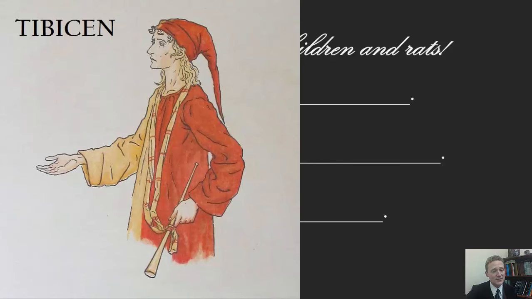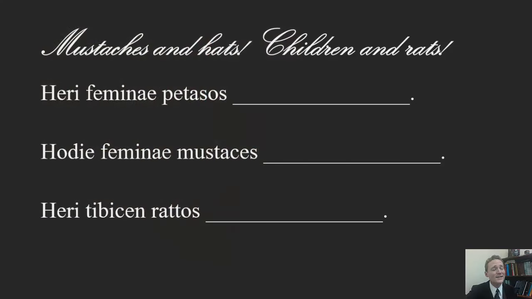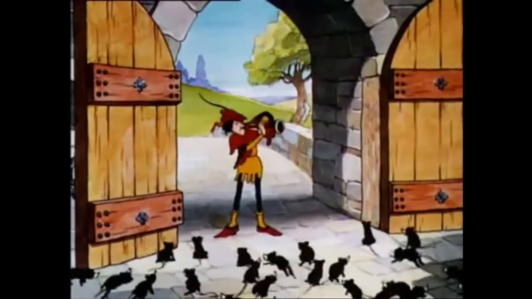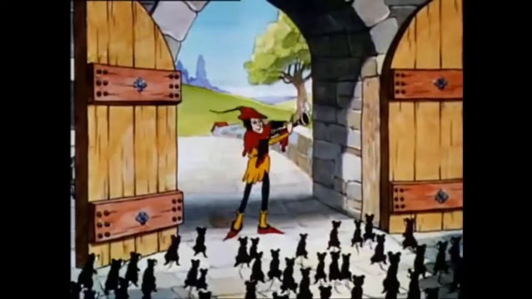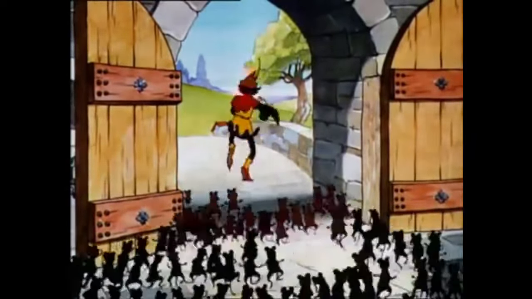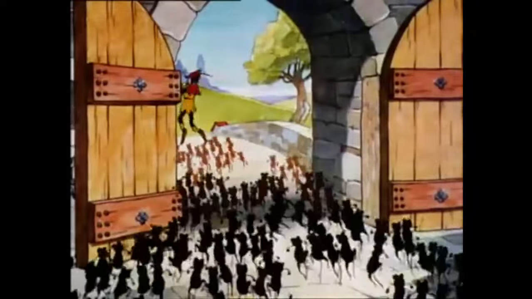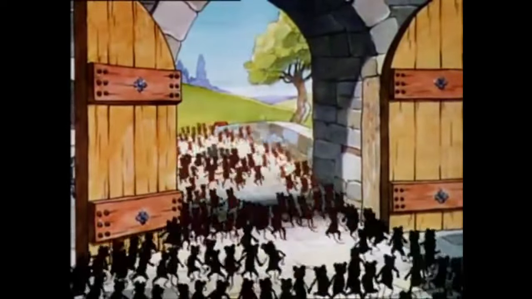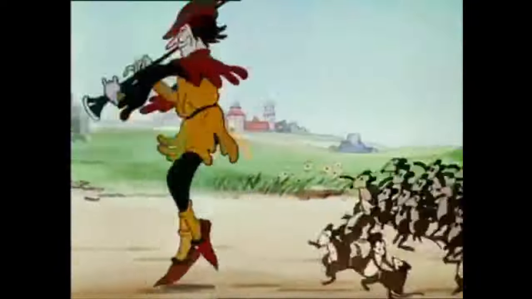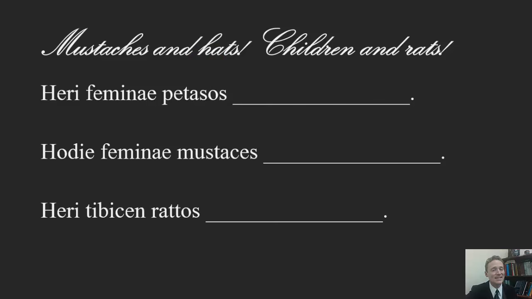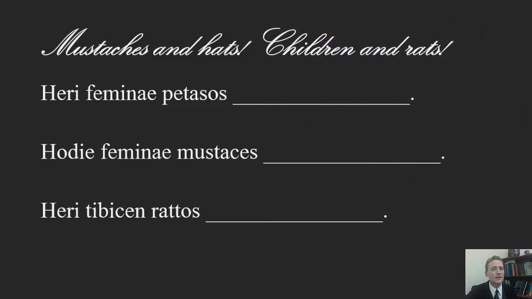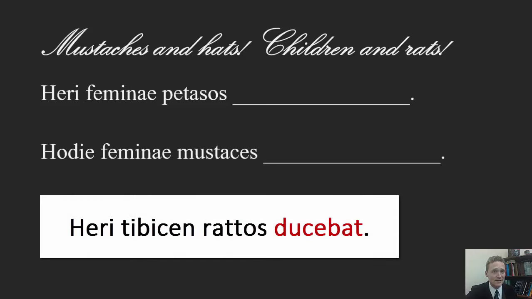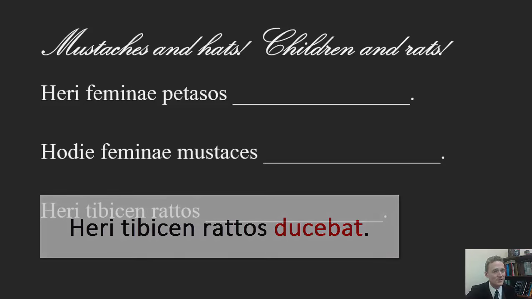So we want to say, yesterday, the piper was leading the rats. So, heri, tibiken, ratos. Pause the video and write down the correct form of duco. Did you write ducebat? If so, you have the right answer.